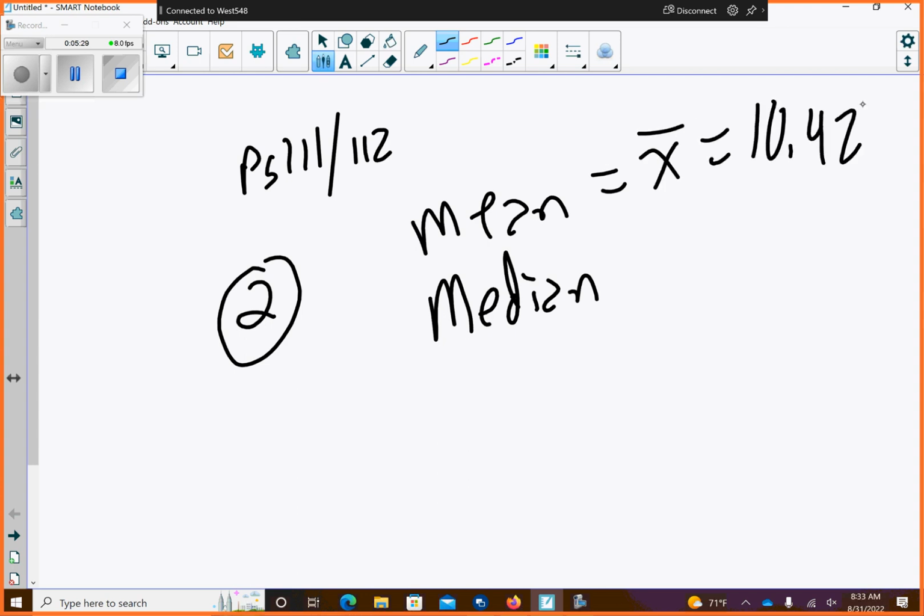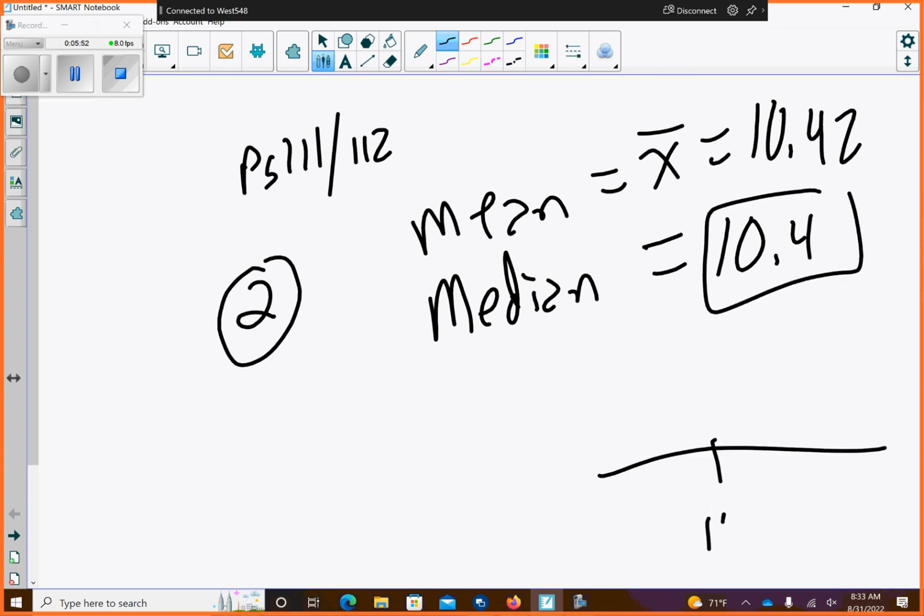And then the median, so there's 20 numbers. So I can count up to the 10th number. 1, 2, 3, 4, 5, 6, 7, 8, 9, 10. And if I count from the other side, 1 through 10. So the median is exactly in the middle. It falls into the column of the 10.4s.